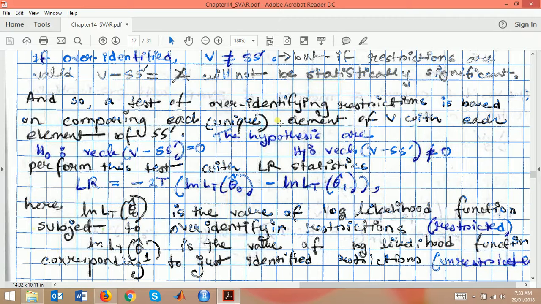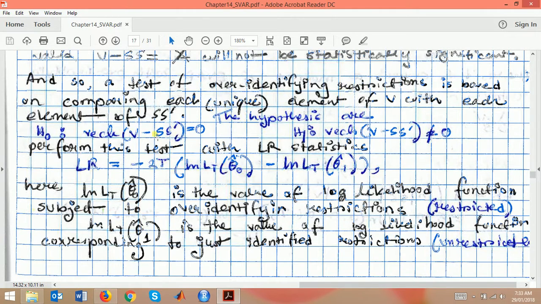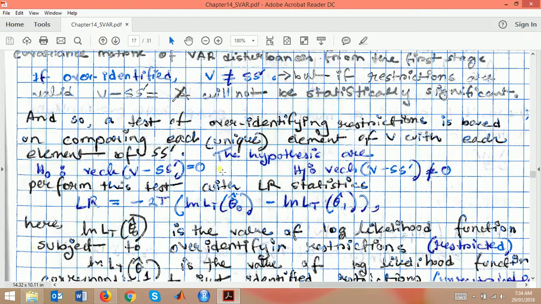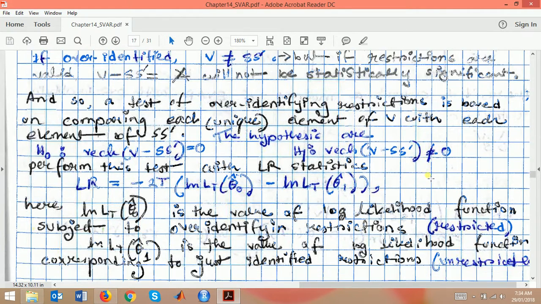So we do perform an LR test, and here log likelihood theta naught is the value of the log likelihood function subject to over identifying restriction. Theta 1 is the value of log likelihood function corresponding to just identified restriction.